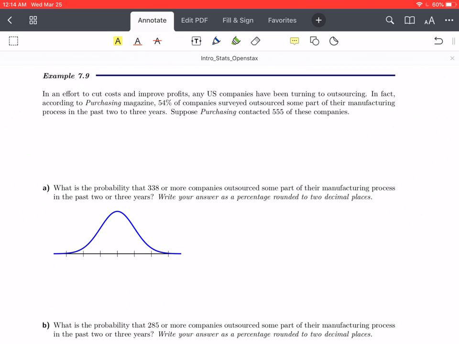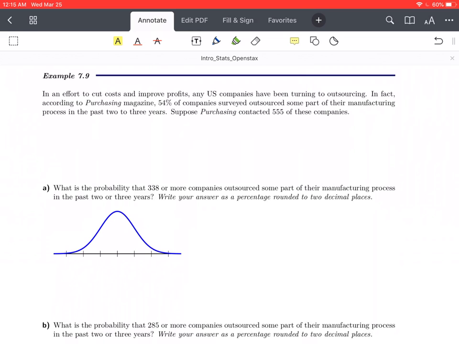In fact, according to Purchasing Magazine, 54% of companies surveyed outsourced some part of their manufacturing process in the past 2 to 3 years. Suppose Purchasing contacted 555 of these companies.